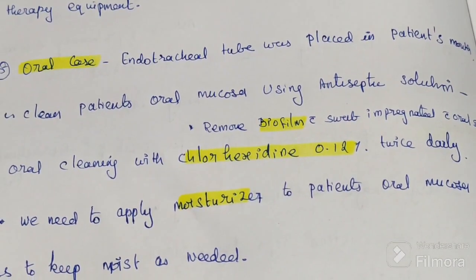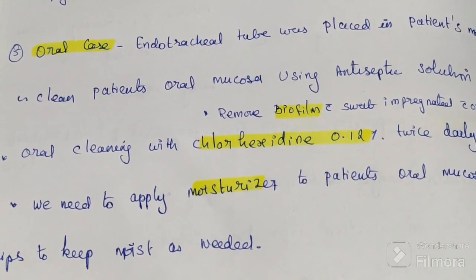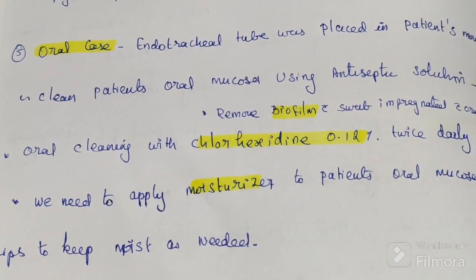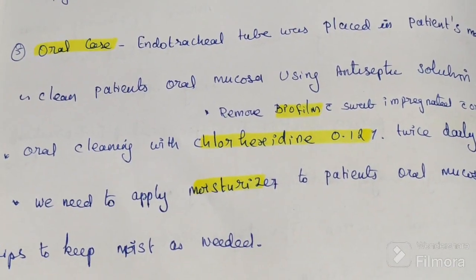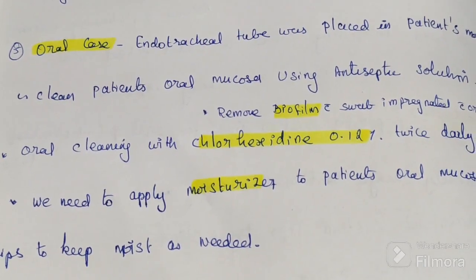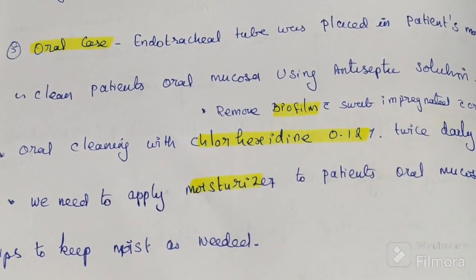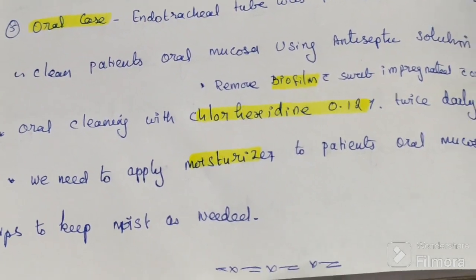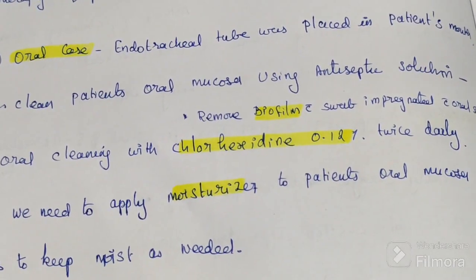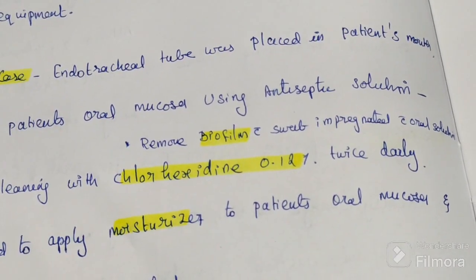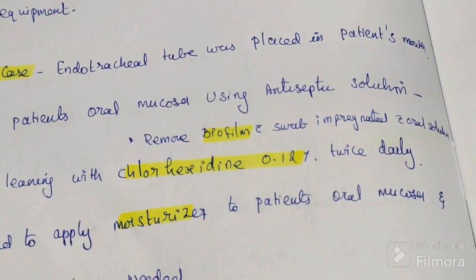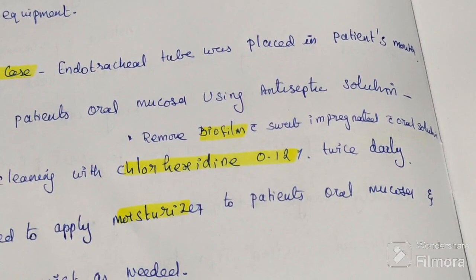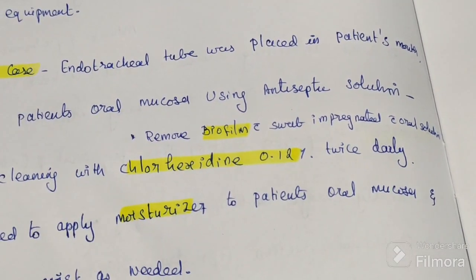According to research, when ICU patients on ventilation via endotracheal tube received oral care using 0.12 percent chlorhexidine solution, a significant decrease in ventilator associated pneumonia rate was determined. During oral care it is also important that we remove biofilm to prevent bacterial colonization that leads to lung infection. Lastly, we need to apply moisturizer to keep the oral mucosa and lips moist as needed.